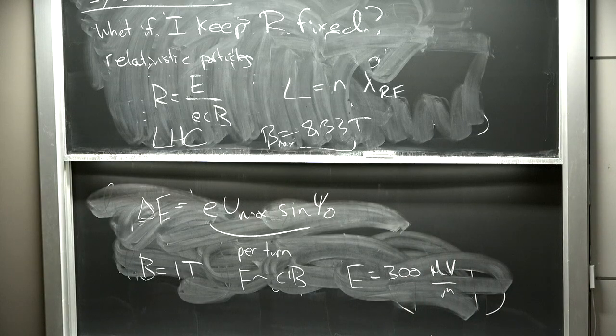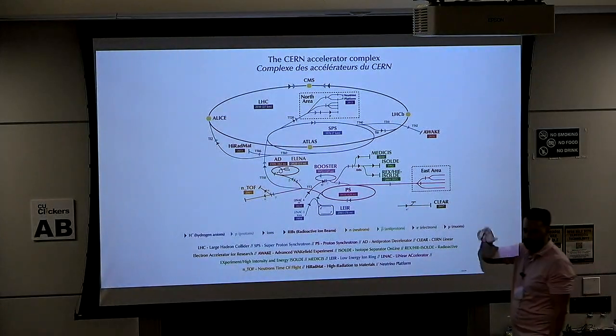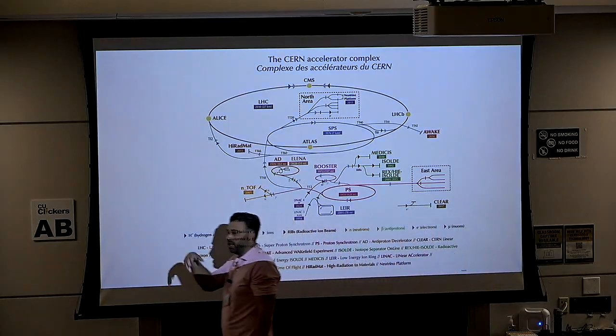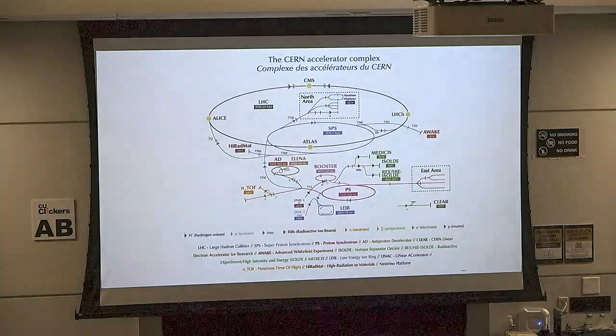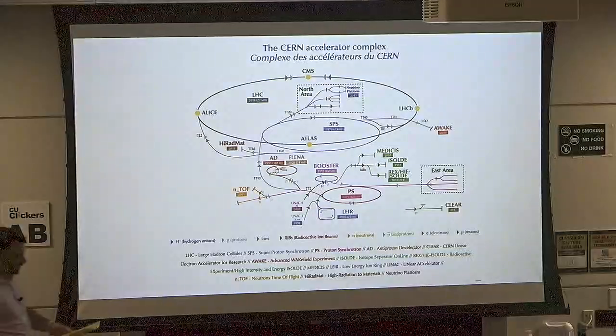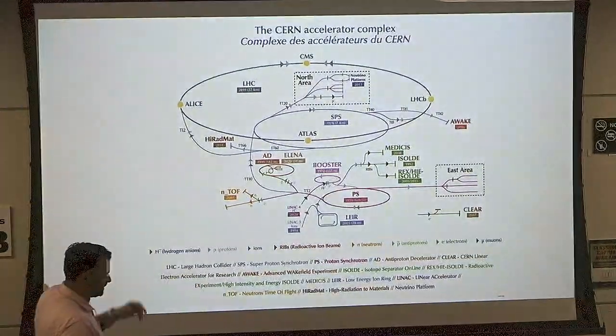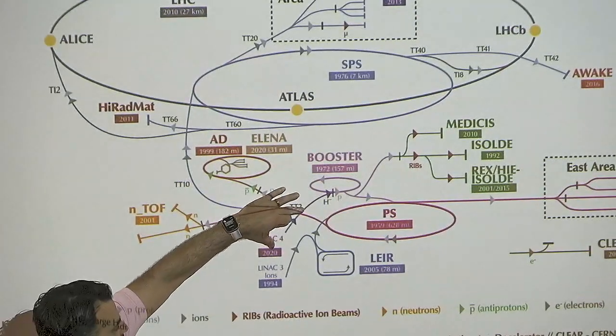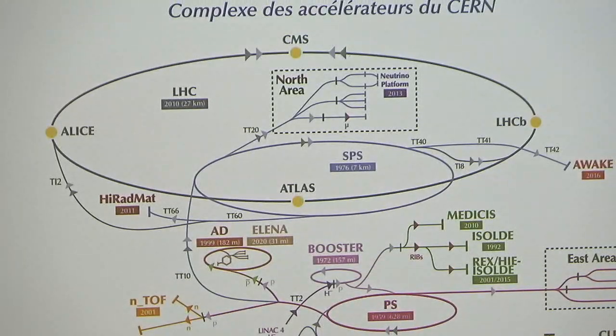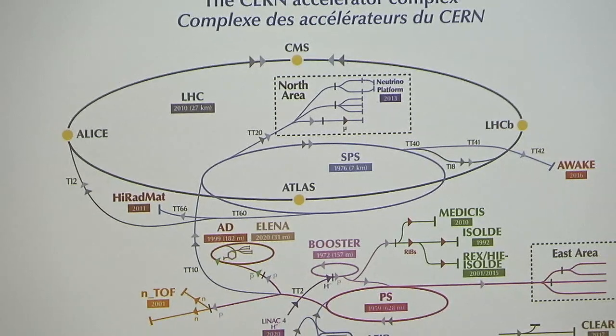So for instance, if you look at how the CERN accelerator complex looks, what you always do is you start with a LINAC. You start with the linear acceleration. And in principle, you also start with an electrostatic generator, like a Cockcroft-Walton or a Van de Graaff generator. So how you get to roughly 7 TeV at the LHC is, you start with the LINAC here, which takes you to roughly 160 MeV.